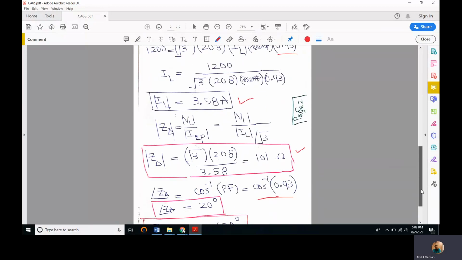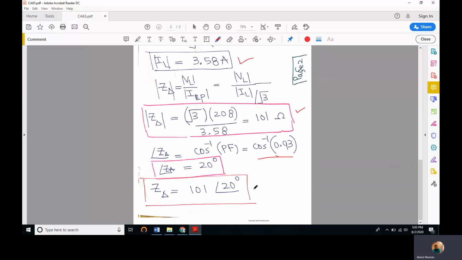So Z delta is 101 at an angle of 20 degrees ohms, and it shows that it is a lagging impedance. It's an inductive load causing a lagging power factor. How do we know that it is an inductive load? Because if we convert this polar number into a rectangular number, it will have a positive real part and a positive imaginary part, because the angle is positive.